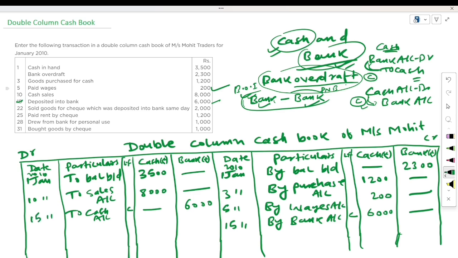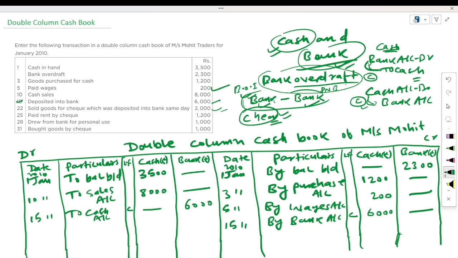Now, the next transaction is sold goods for check, which was deposited into bank same day, rupees 2,000. Now, another thing that will create problem in this double column cash book is check. Remember the point that if you are receiving any payment through check, then whenever you deposit this check into the bank, on that date you will record this into your double column cash book.